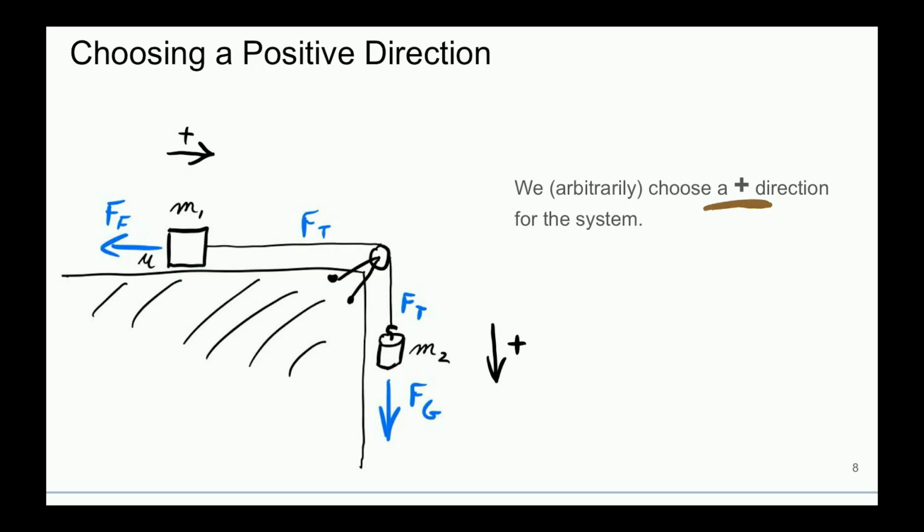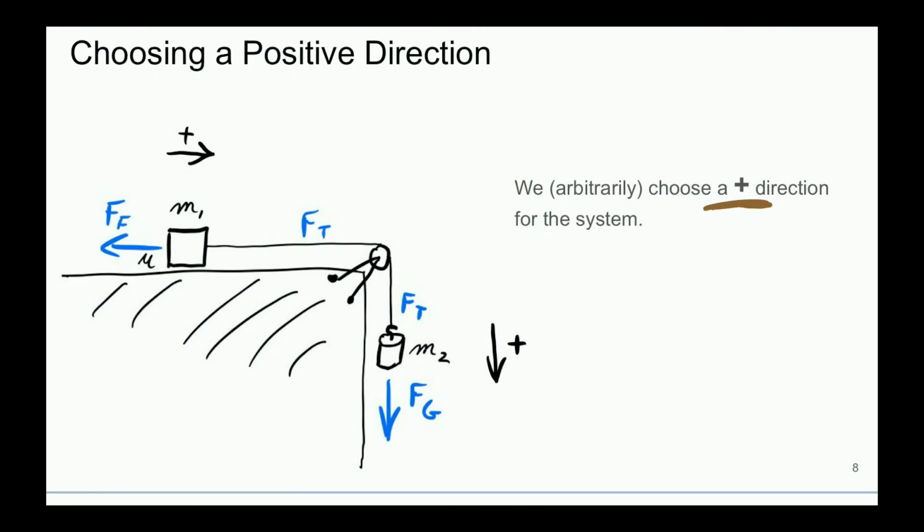And you might say, plus what? What are you talking about? I mean, plus everything, right? It's a coordinate system. We're setting it up arbitrarily. You can choose plus any direction you want. Once you choose it, you have to stop choosing and analyze using that coordinate system consistently for the rest of your problem-solving session.